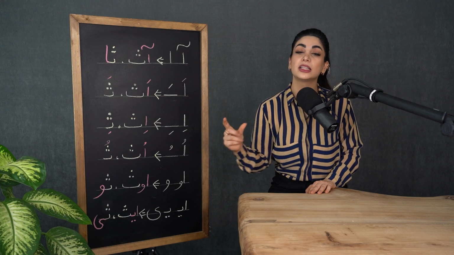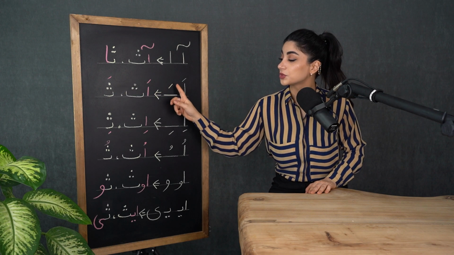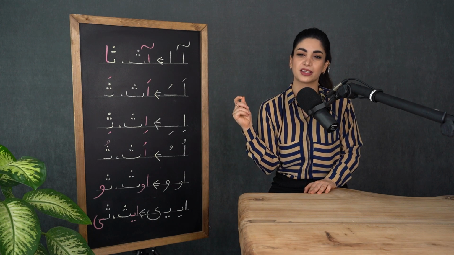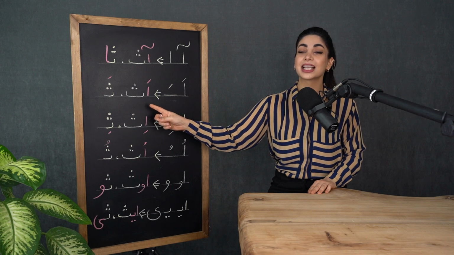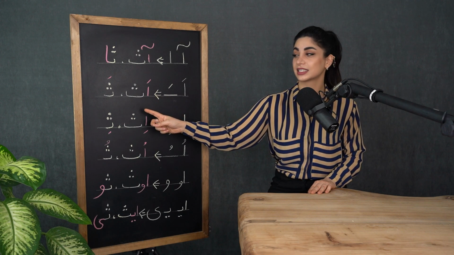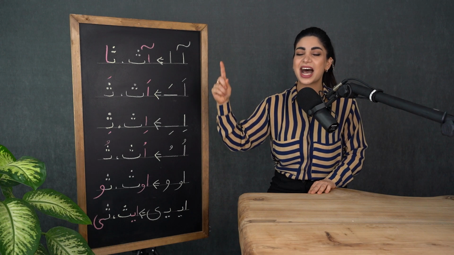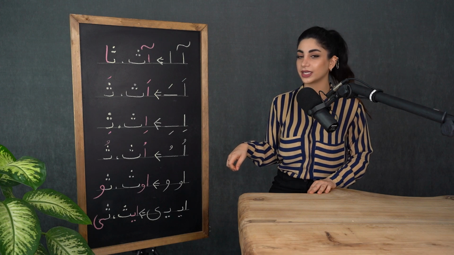And again, the lowercase one comes to this one, attached, because like magnets, they attach to each other. So it's as, and sa, sa. Easy, isn't it?